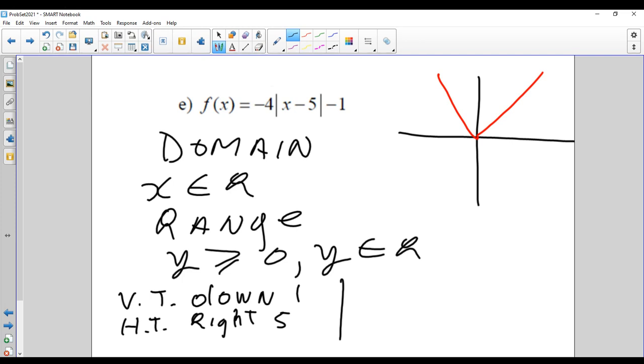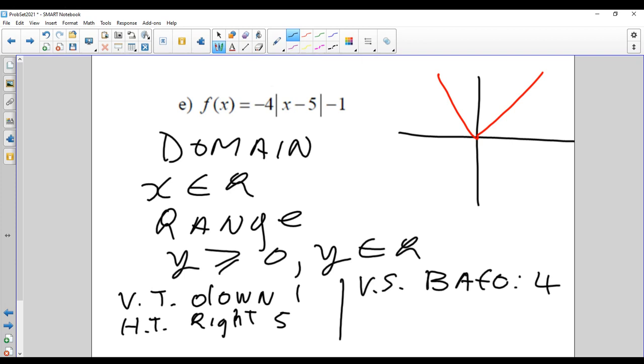You never ever refer to a compression or a stretch with a negative. Okay? A compression or a stretch is always a positive number. So it is a VS by a factor of 4.